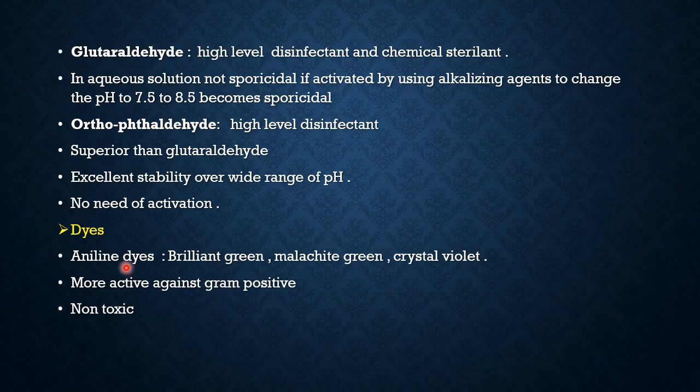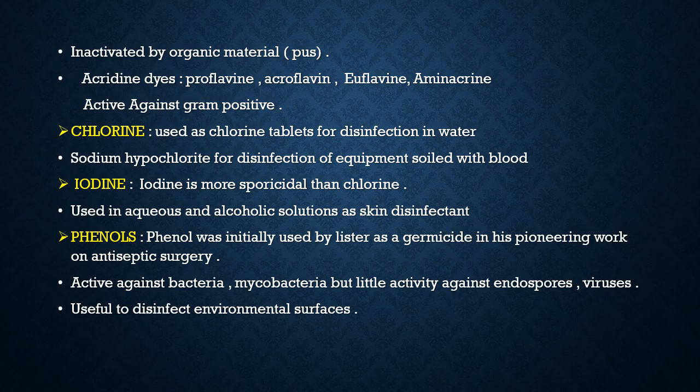Okay, and then next is dyes. Aniline dyes like brilliant green, malachite green, and crystal violet can also be used as disinfectants, and they are more active against gram positive bacteria. They are non-toxic. They are inactivated by organic materials like pus.